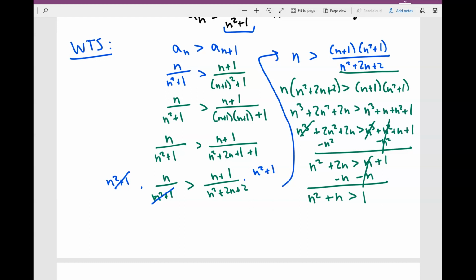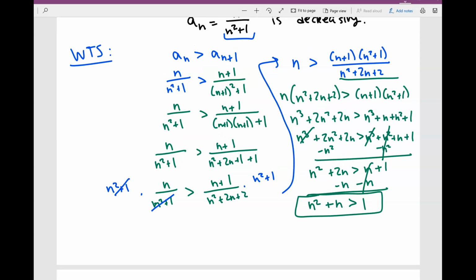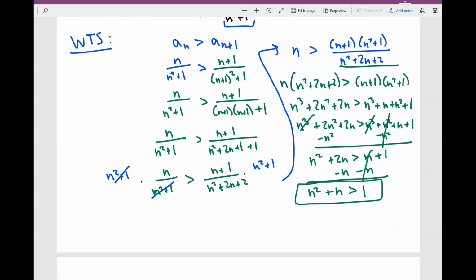Now, if you look at this inequality, if n is greater than or equal to 1, and I plug in 1, I get 1 squared plus 1, which is 2. This is always going to be a bigger number, and the terms are being added, so it's always positive. This is always true for any number that's greater than 1.